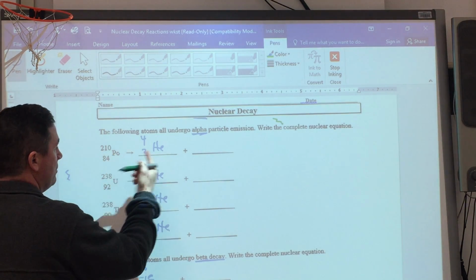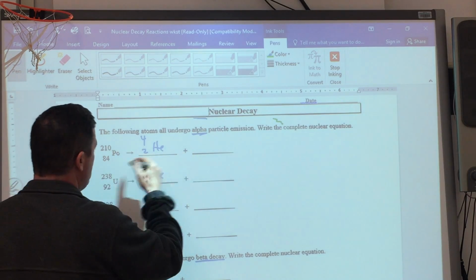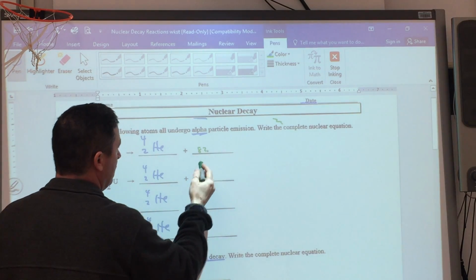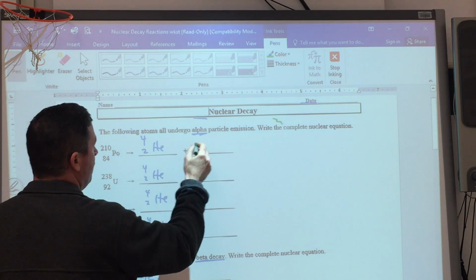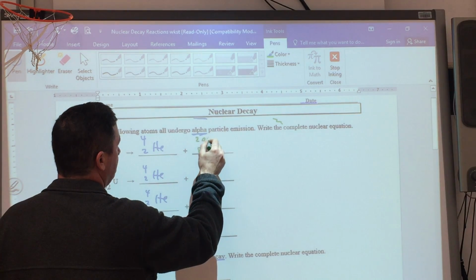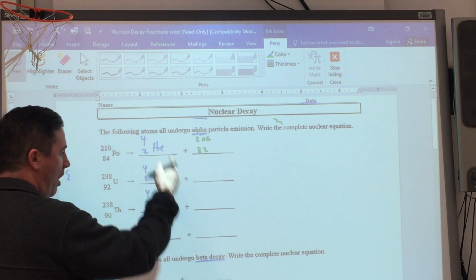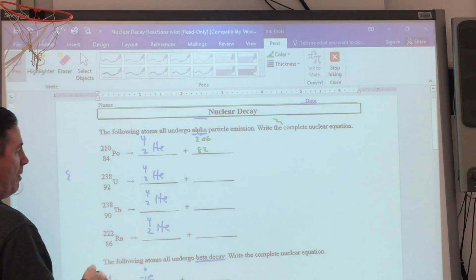So using that information, I can just subtract. 82 plus 2 is 84. 210 minus 4 is 206. And then I'm going to do all the math and then go look all of them up. Okay?